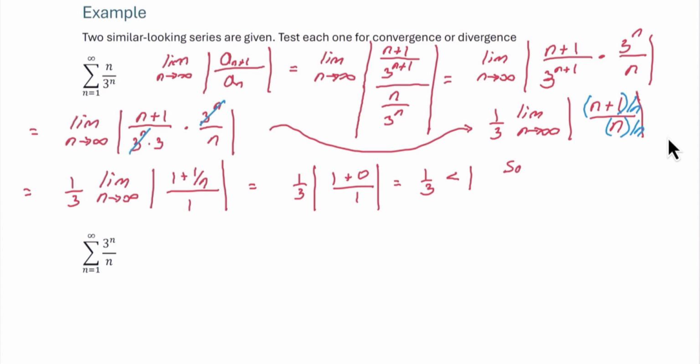So the original series, n equals 1 to infinity, of n divided by 3 to the n, is absolutely convergent. And if it's absolutely convergent, we know it to also be convergent. And that's by the ratio test.